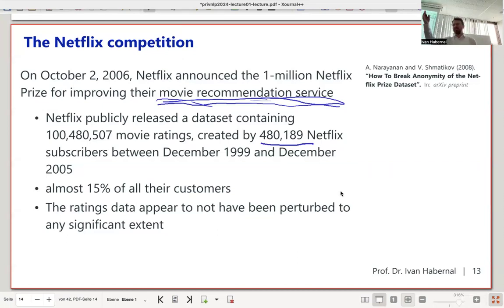You have your database of customers: name, address, email address, credit card number, and movies. What are you going to do with this if you want to release it? If you release it as it is, you will go to jail, nowadays at least. But even back then, before GDPR. So what are you going to do? You will drop all personal information. Okay, sounds great. Sounds like a good idea. So how exactly are you going to do that?